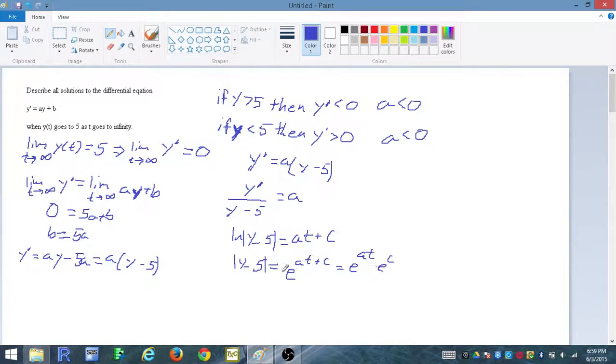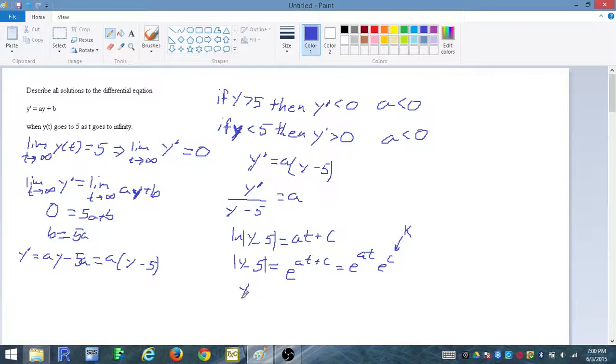Okay. Now, we don't know if this is positive or negative, and we don't really know what the c is. So I'm going to change this up to make this a little bit easier. I'm going to say that this is k, and like here this is positive because of the absolute value, and these guys are positive, but I'm going to drop the absolute value, and we're going to say that k could be plus or minus some value.